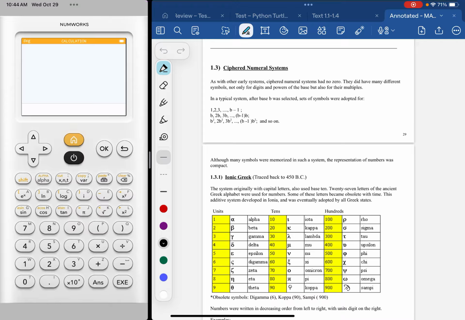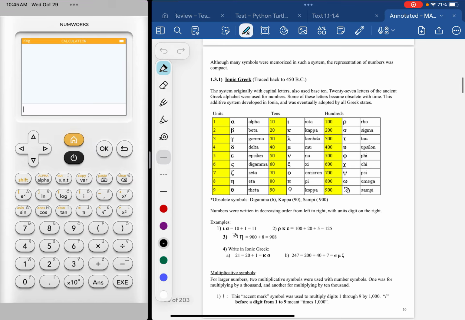So if you have a symbol that represents a number, word, or phrase, then you could use that symbol in place of the number, word, or phrase. Right? So you could think of the symbol pi as an example of that. Not in the context of Ionic Greek, but in the context of everyday rational and irrational numbers.